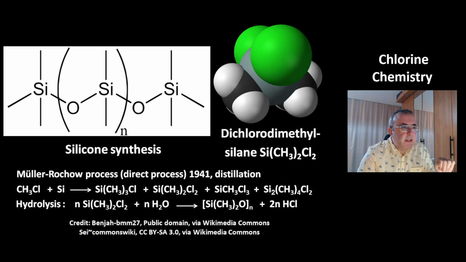It gives you again a mixture of several chlorinated products. And again, the chlorine atom has a high mass, so these products can be separated by distillation. And the hydrolysis of dichlorodimethylsilane gives you silicone and byproduct hydrogen chloride.